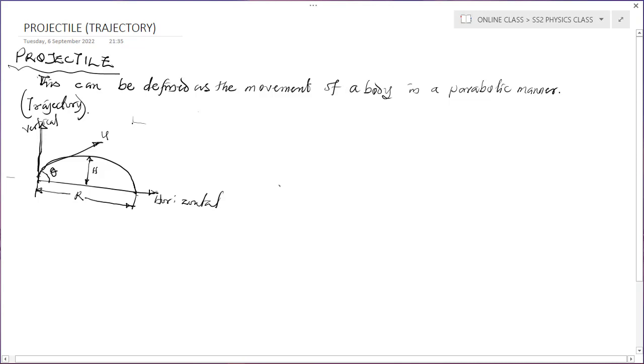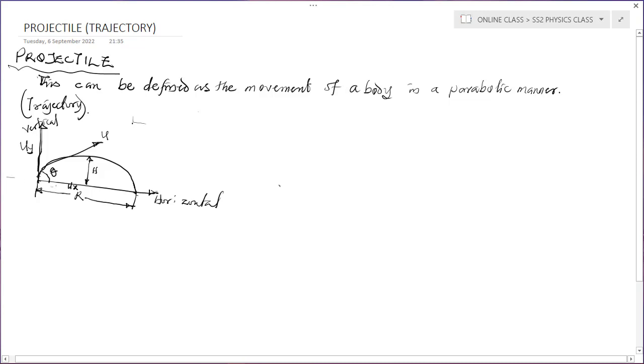Along here is our uy, which is the representation of the vertical initial velocity. Ux is down here to represent the horizontal component of the initial velocity.